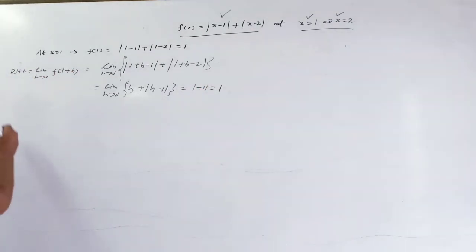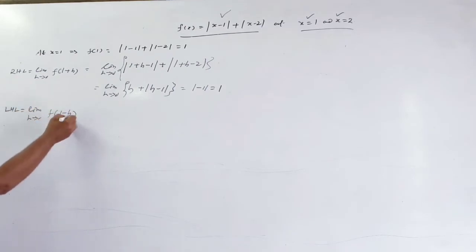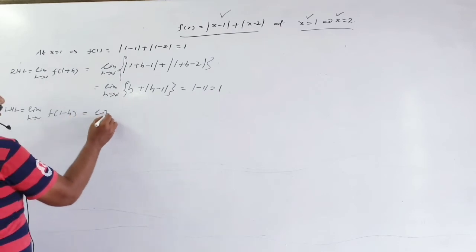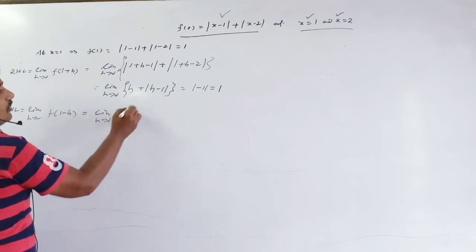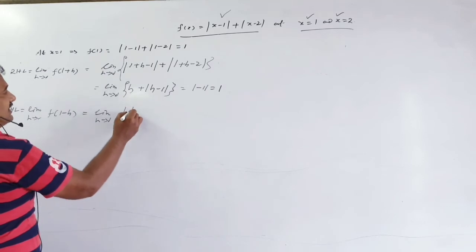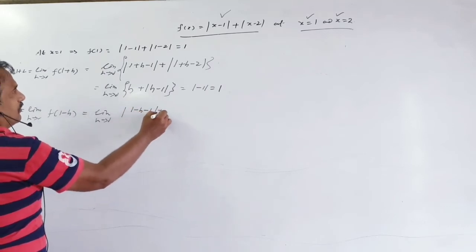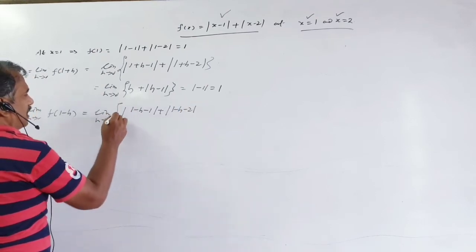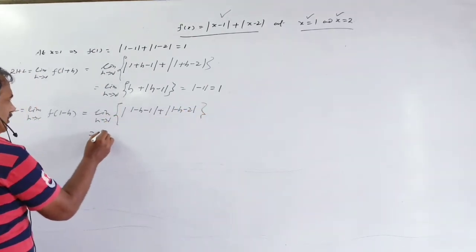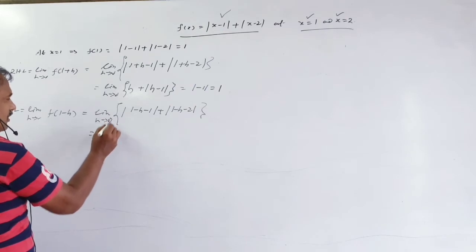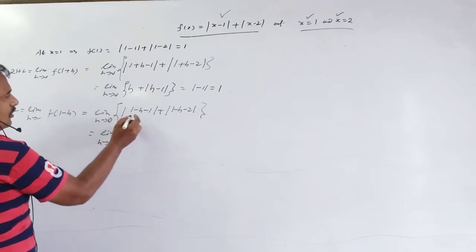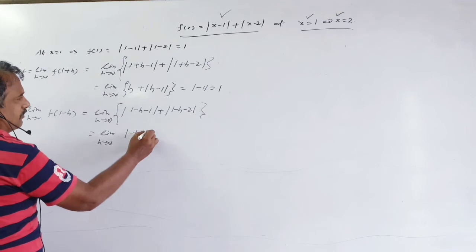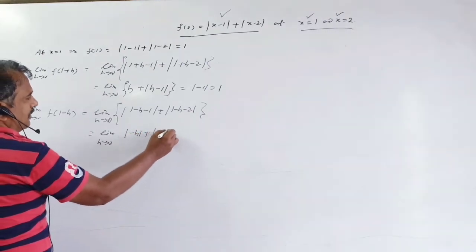Okay, now h tends to 0, mod of 0 plus mod of minus 1, the problem is very long. Now similarly left hand limit equal to limit h tends to 0, f of 1 minus h, equal to, instead of x, write 1 minus h minus 1 plus mod of 1 minus h minus 2, yes or no? Now here limit h tends to 0, mod of minus h plus mod of minus 1 minus h.